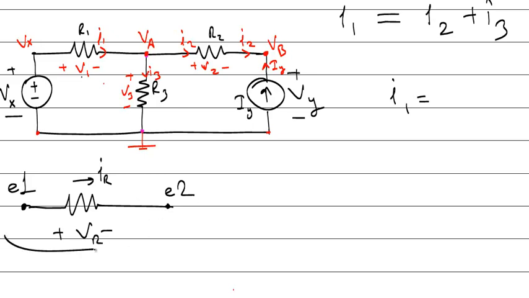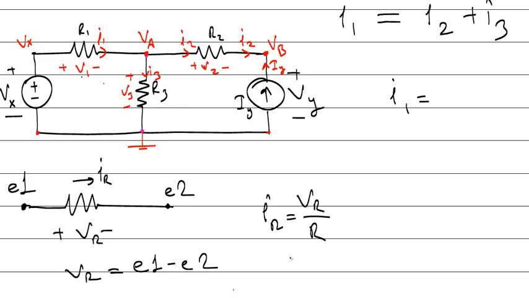In this resistor, VR, the voltage of that component, is equal to positive side minus negative side, E1 minus E2. And the current of that component is VR divided by R. So the current is E1 minus E2 divided by R. Okay. Writing the current in terms of node voltages means this.